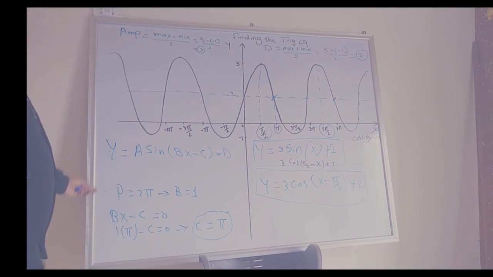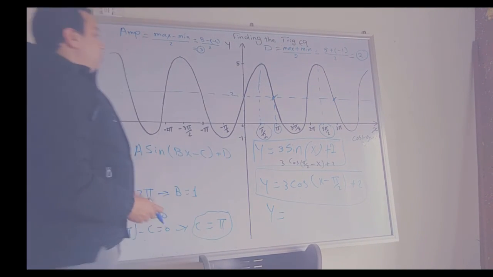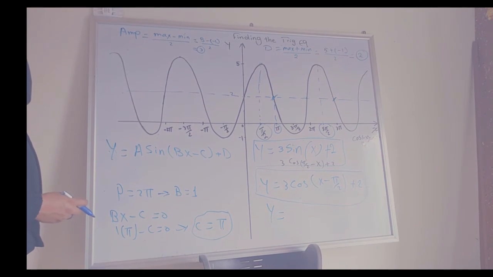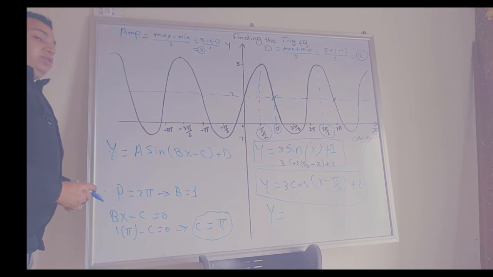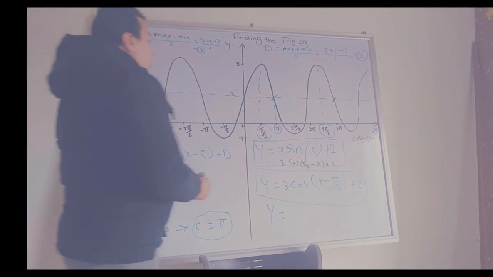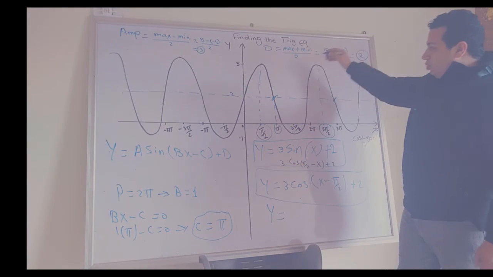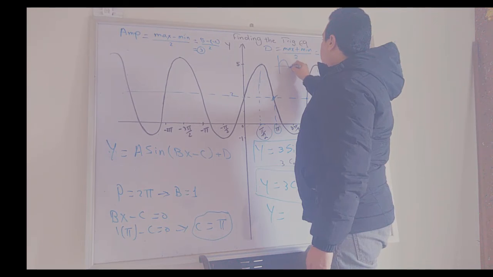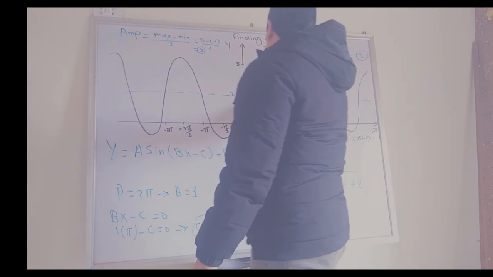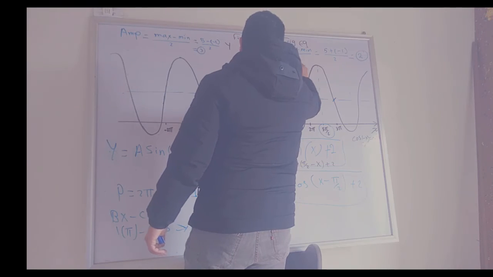Then we can find the formula of this equation, which is y equals, but pay attention here: is it a positive 3 or negative 3? This curve is moving from the red line down, not up. The sine moves up this way, but if the sine starts moving down, then it is negative.